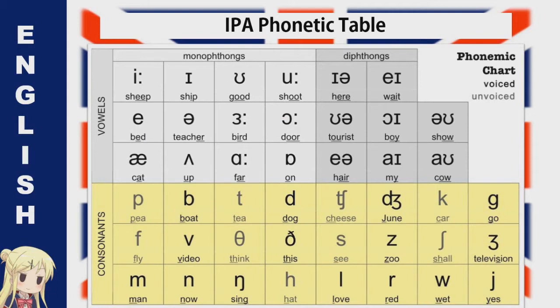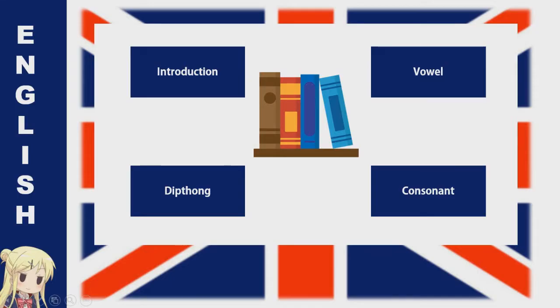You can see there are vowels, diphthongs, and consonants. It may look scary at first, like what does this symbol mean? And what is this thing? But don't worry, we will learn it one by one easily.